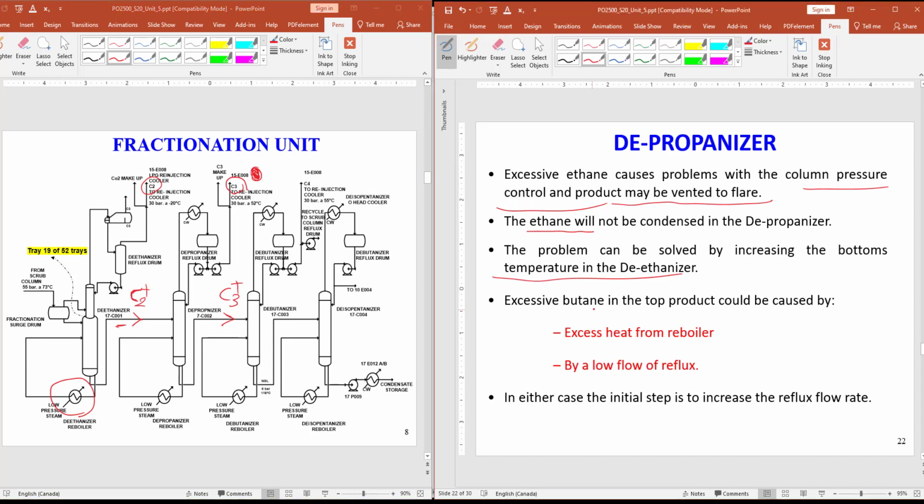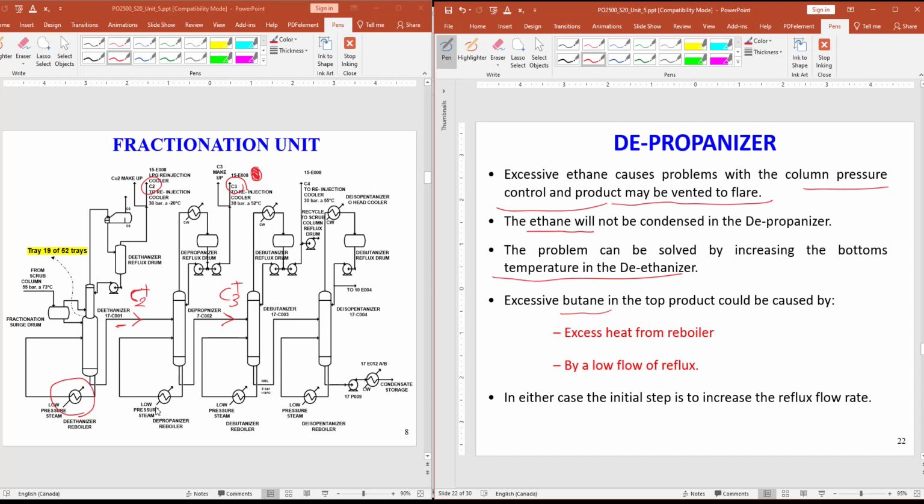And if we have an excessive amount of butane here at the top, the butane, which is heavier than propane, is supposed to be separated in the next unit. If we have butane here, we can adjust that by two methods.